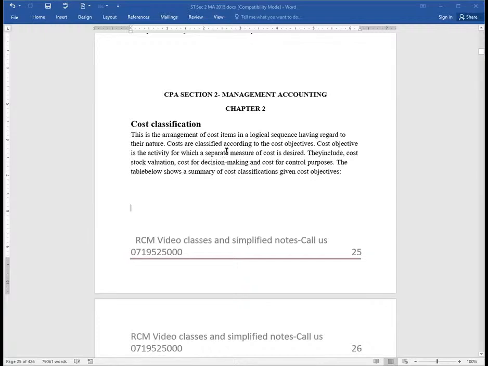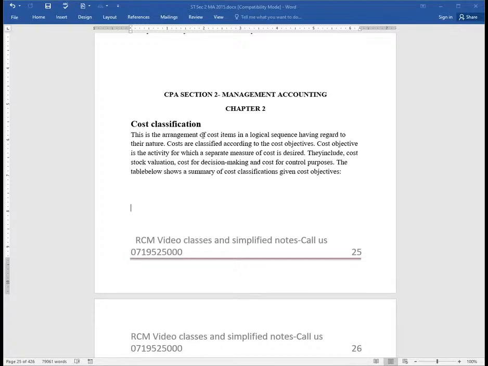So cost classification. To classify, we are told here, is to arrange. So cost classification is the arrangement of cost items in a logical sequence having regard to their nature. Costs are classified, we are told, according to their cost objectives.